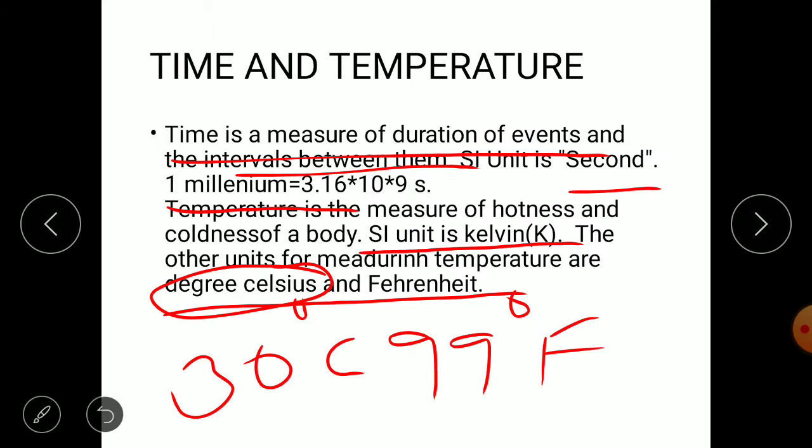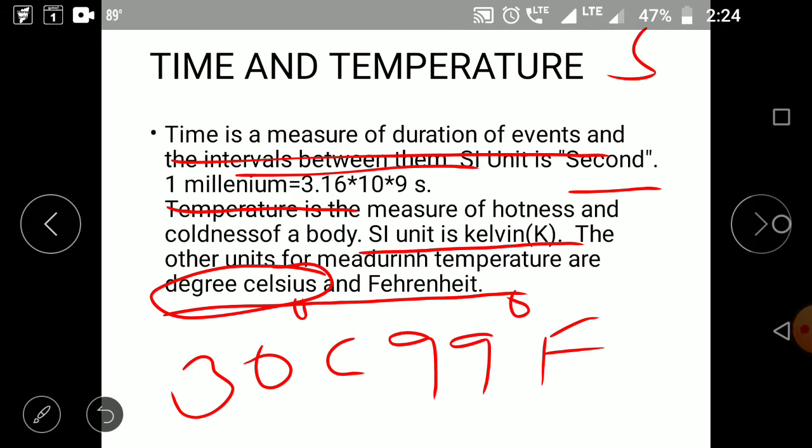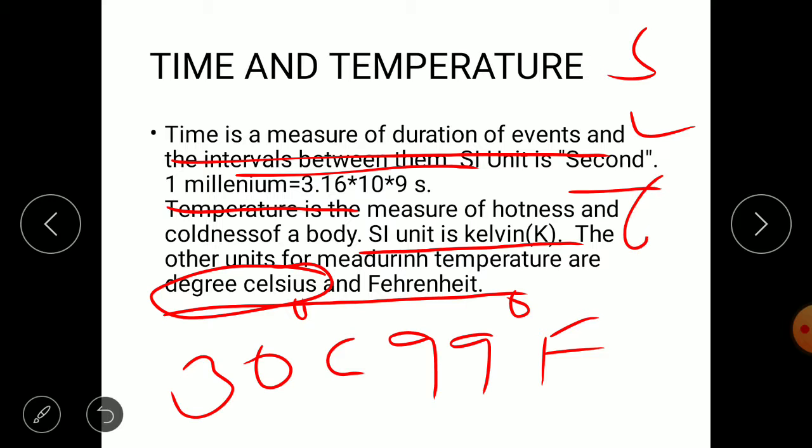The last one of temperature, how will we find this hotness and coldness? That is the thermodynamic temperature of the triple point of water. What is the triple point of water? It has three states, that is solid state, liquid state and gaseous state. It also has three points, that is melting point, boiling point and fusion point.